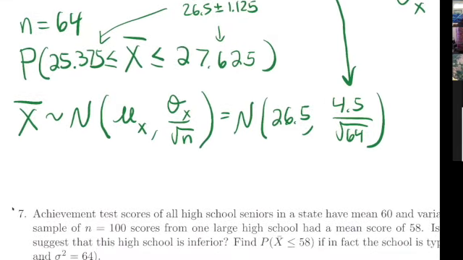And so now at this point, what do we get? The 4.5 divided by 8. That comes out to 0.5625.